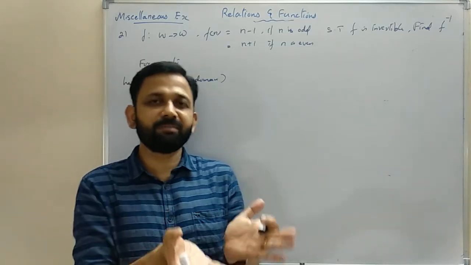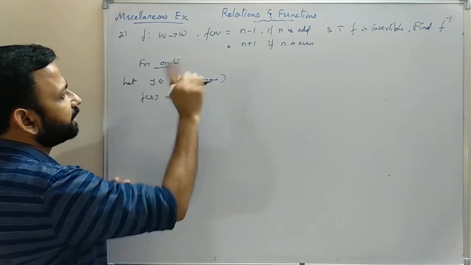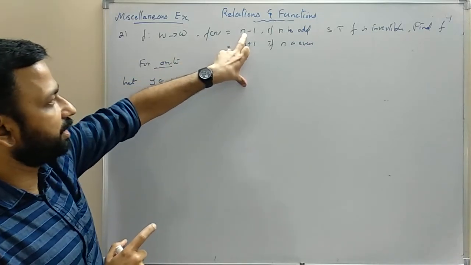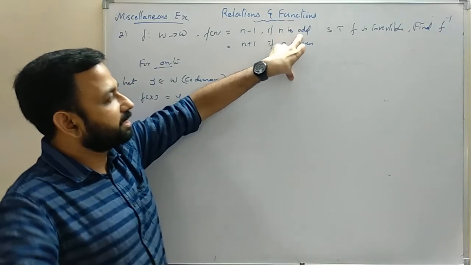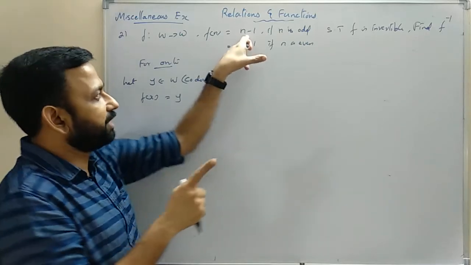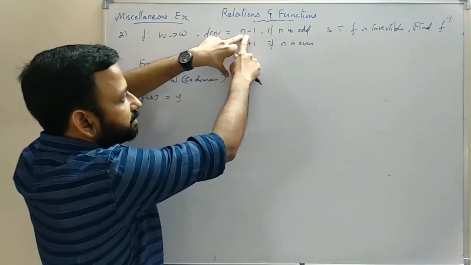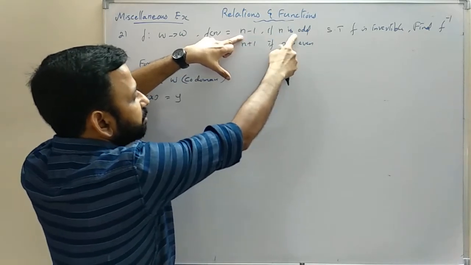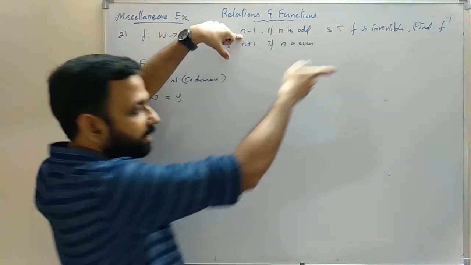Then if y is an even number: if n is an odd number, then the image of n is n minus 1, which is an even number. So if n is odd, then the image is an even number. So if the image is an even number, then the pre-image will be an odd number.